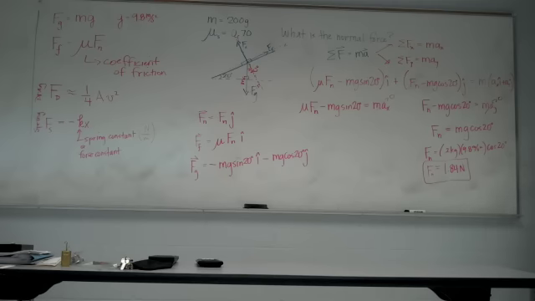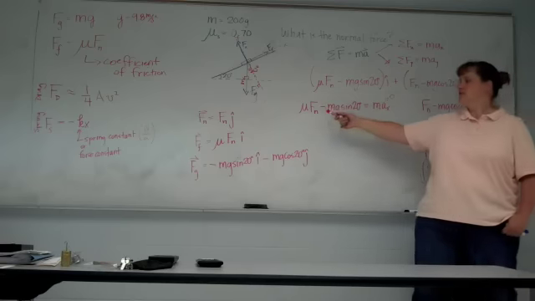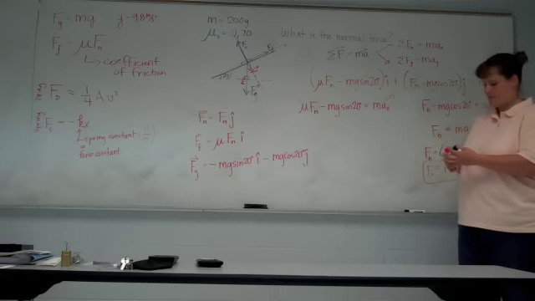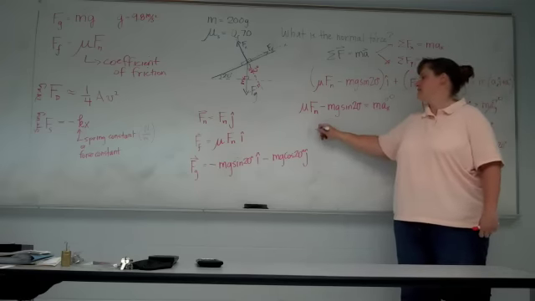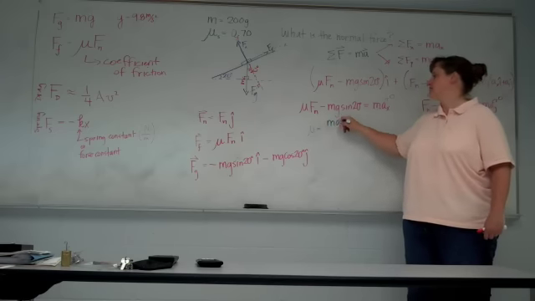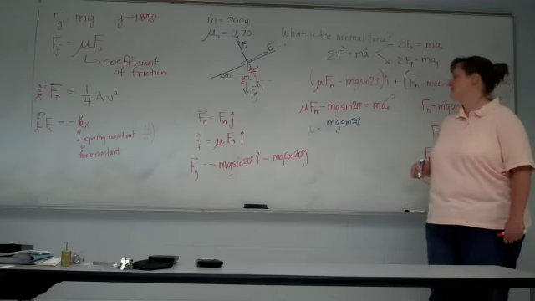I want to do something here. Let's use this value for the normal force and solve this equation for the coefficient of friction. Actually, let's do this. So the acceleration is 0.